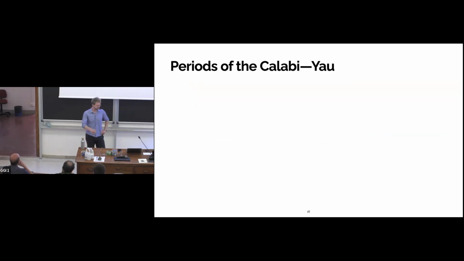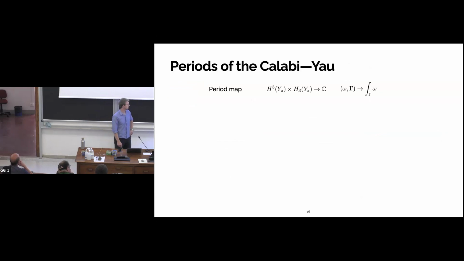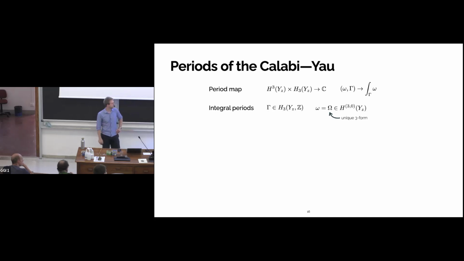Equally, as for the curve side, you can define periods of the Calabi-Yaus. So again, you have a period map, obviously, mapping between the differential three-forms and three-cycles. And matching is equally the same as before. But you can do better. There are some specific so-called integral periods that are important.